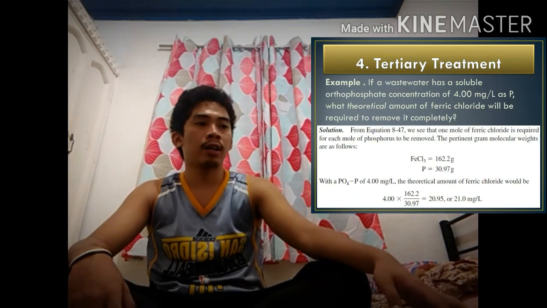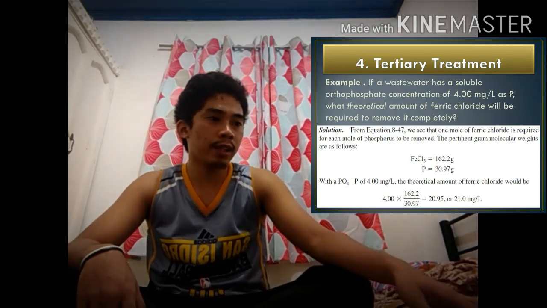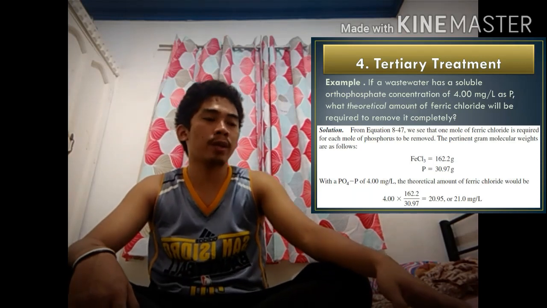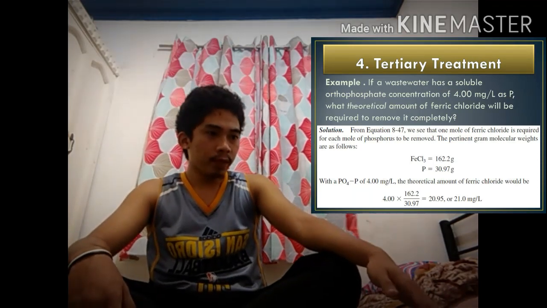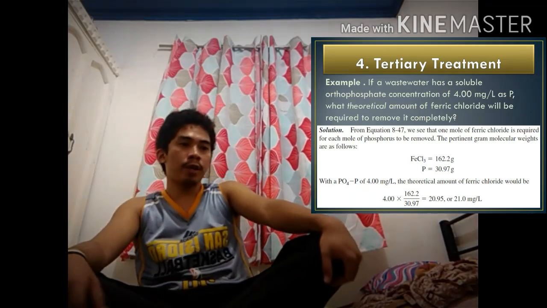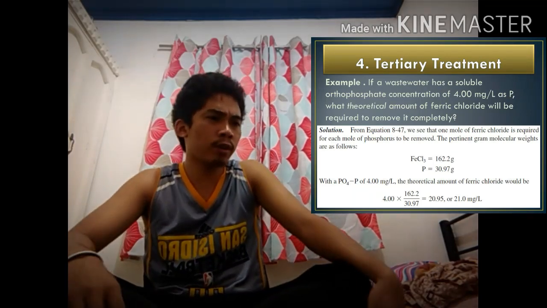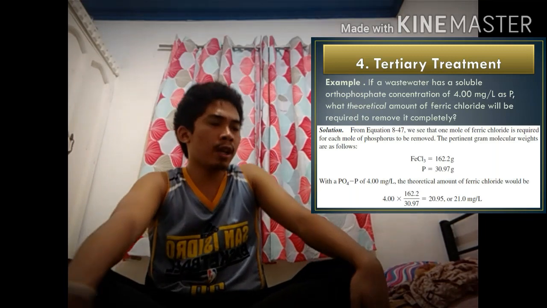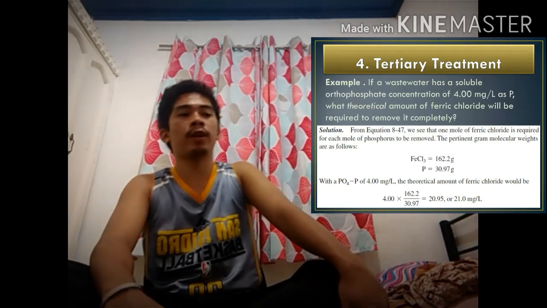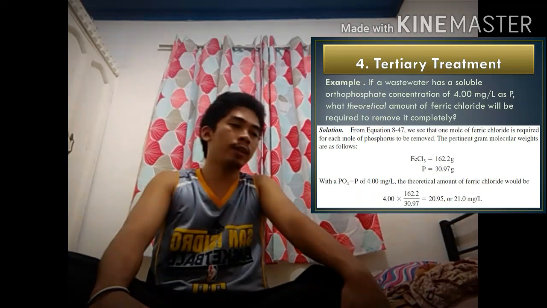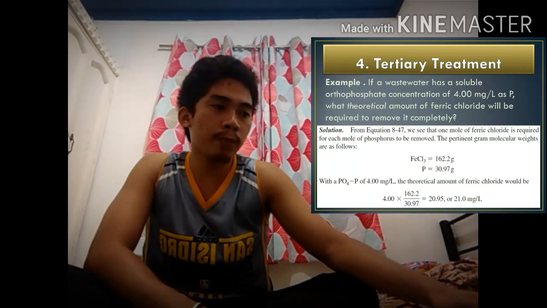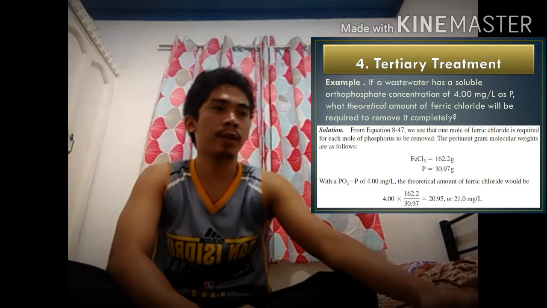The pertinent gram molecular weights are as follows. Ang FeCl3 is 162.2 grams and phosphorus kay 30.97 grams. With 4 mg per L, the theoretical amount of ferric chloride would be 4 times 162.2 over 30.97, which is equal to 20.25 mg per L.